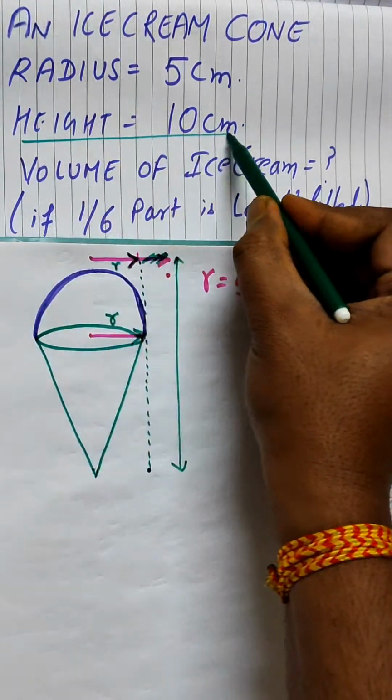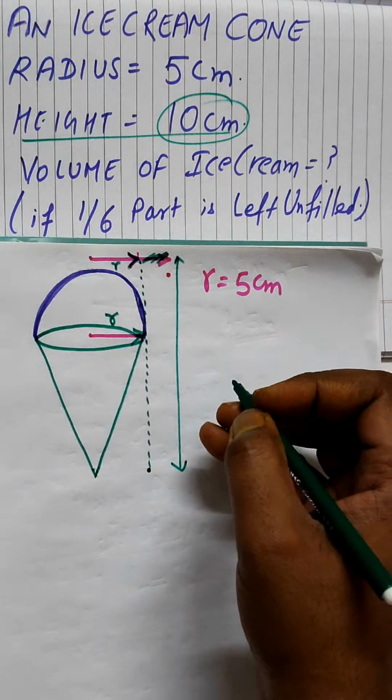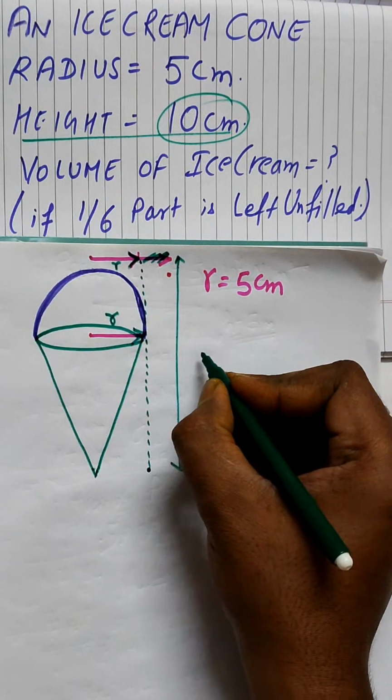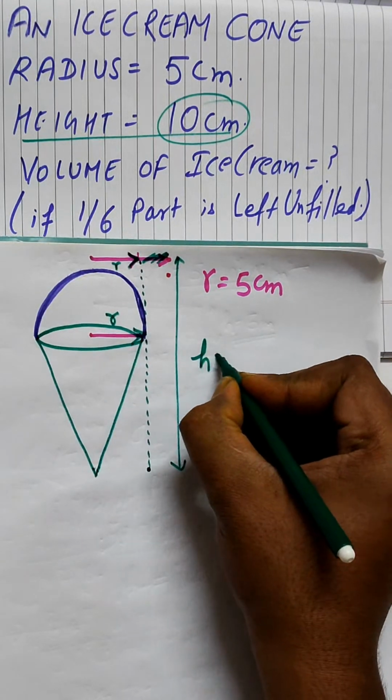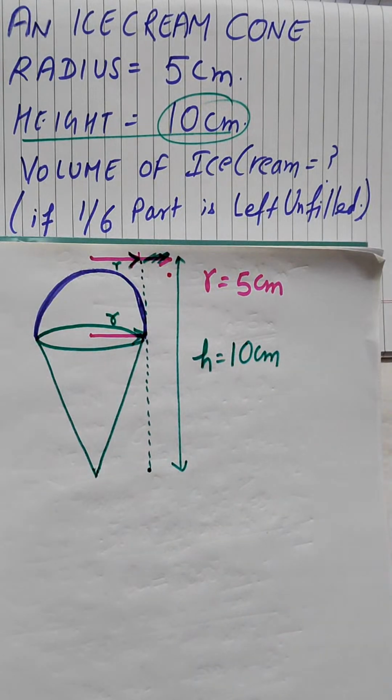The height of the ice cream is 10 centimeter. So h is given to you as 10 centimeter, right?